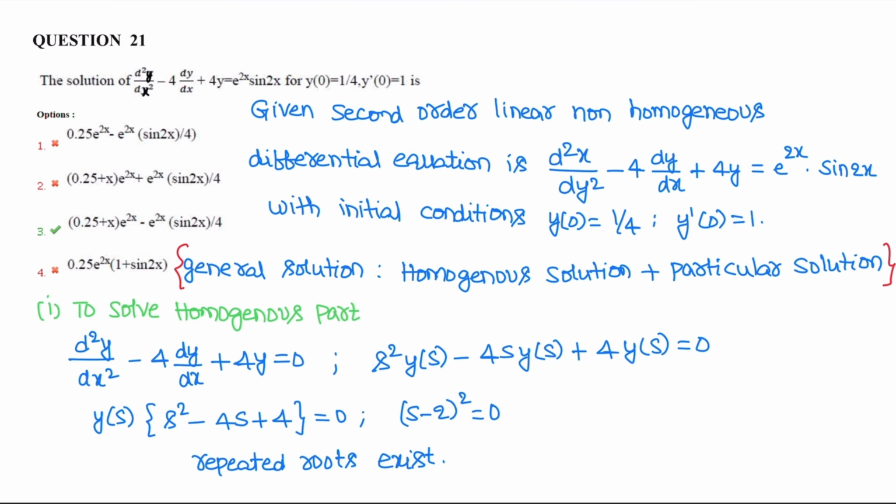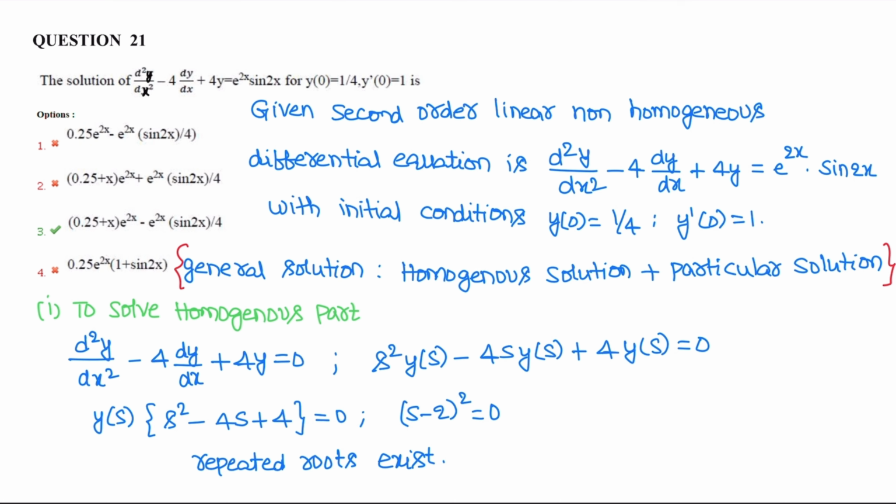To solve for the homogeneous part, keep the particular solution as 0. That is d square y by dx square minus 4 dy by dx plus 4 into y is equal to 0.